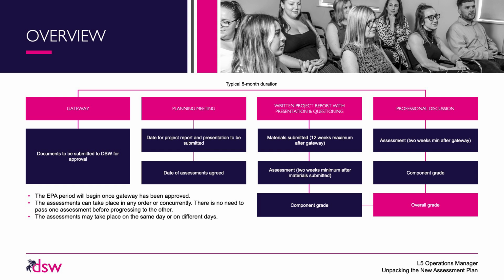The apprentice will then complete their presentation and questioning session, which is 2 weeks minimum following the submission of assessment materials. The professional discussion is underpinned by the portfolio of evidence, which is submitted at Gateway, and that takes place 2 weeks as a minimum once the apprentice has come through Gateway.